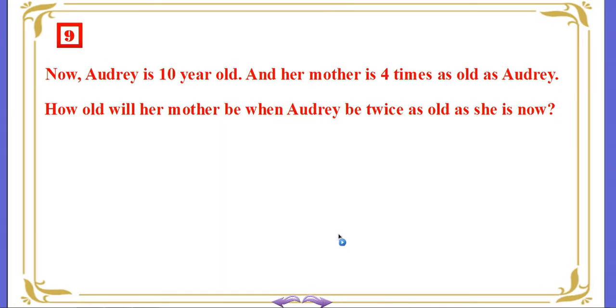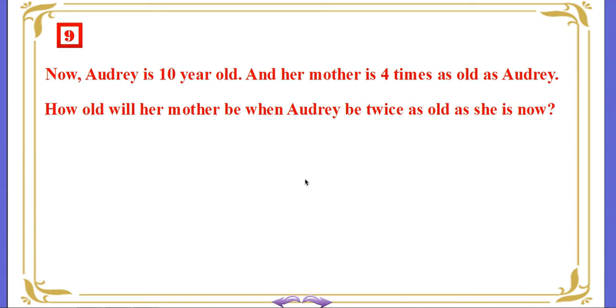Now Ori is 10 years old and her mother is 4 times as old as Ori. How old will her mother be when Ori is twice as old as she is now? Be careful with this problem, which is easy to get wrong.